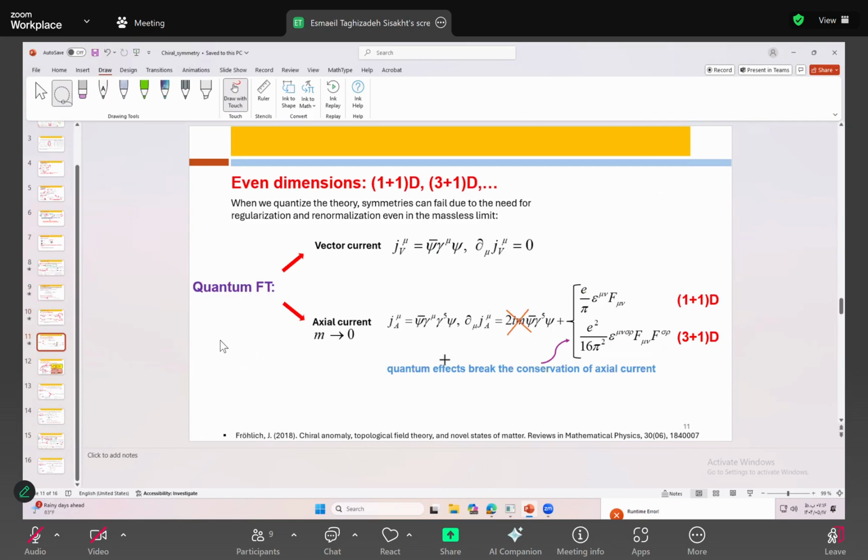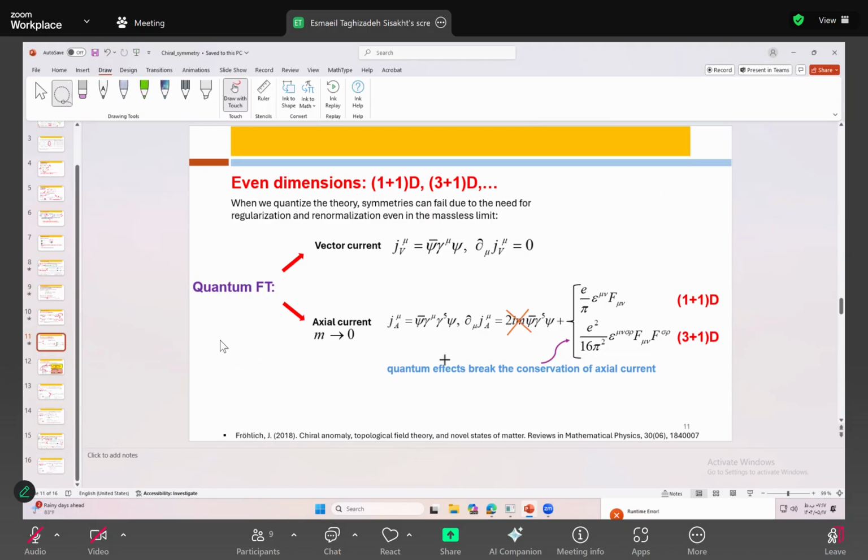Then the conservation current: we have a vector current conservation and we have an axial current seemingly conserved, but on quantization, classical field theory has conservation, but on quantization it is broken in a strange, anomalous way.